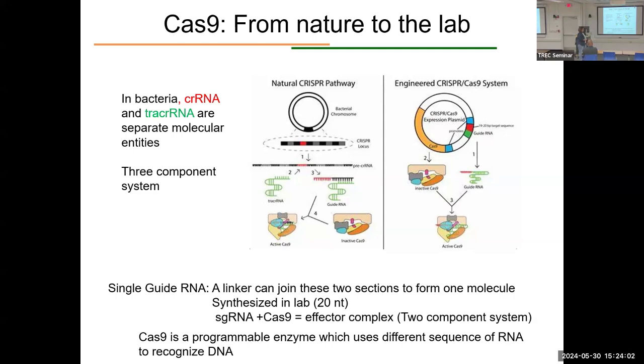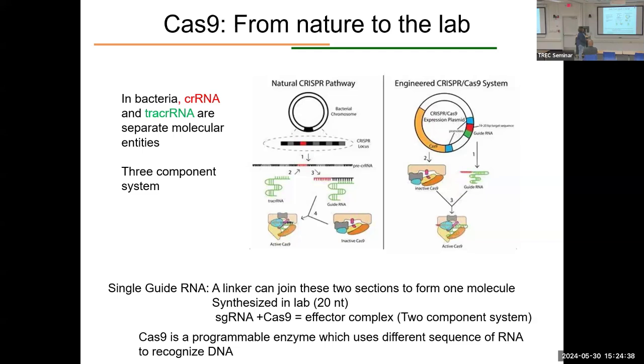But Doudna and Charpentier used a linker, and these two components were joined together into a single component, which is easy to synthesize in the lab. And this corresponds to the target sequence which we want to change. Now this modified system, which works as a gene editing tool, has a two-molecule complex, sgRNA and Cas9, which we also know as the effector complex.